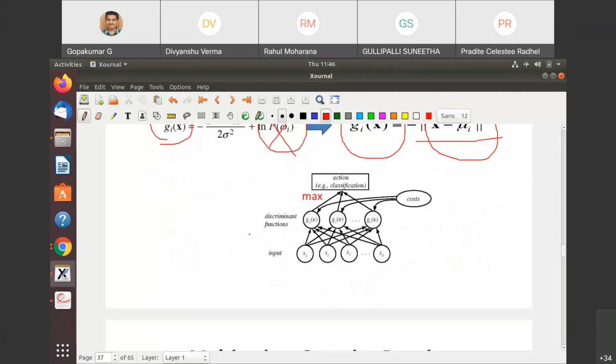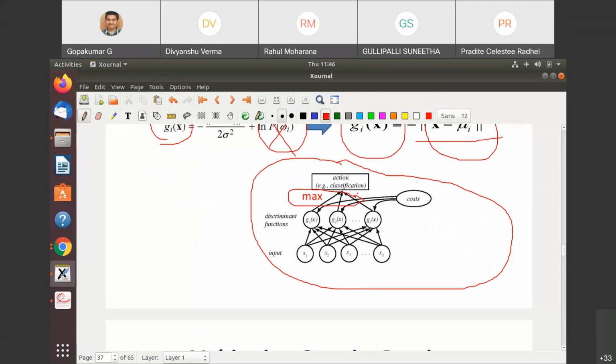We have seen such a figure, or the architecture of a representation for a classification system with multiple discriminant functions here. We have seen that we are considering the maximum of the output produced by each of the discriminant functions.